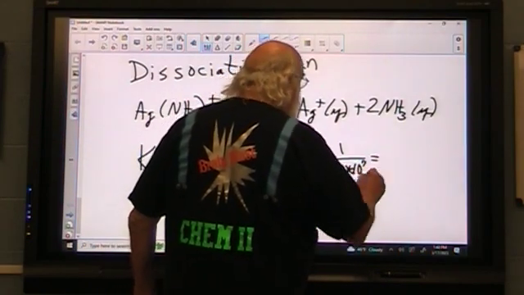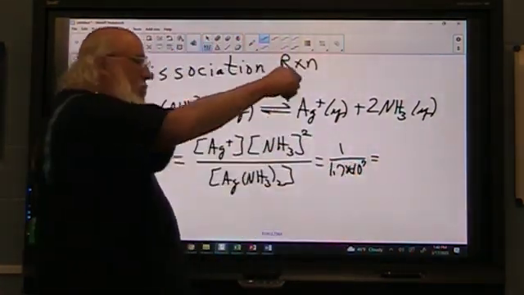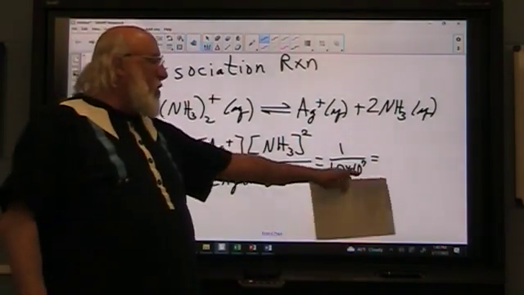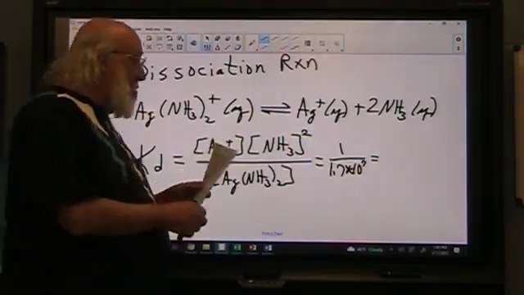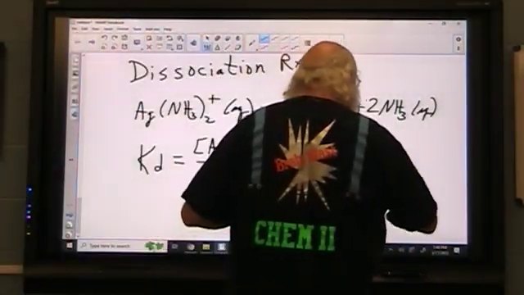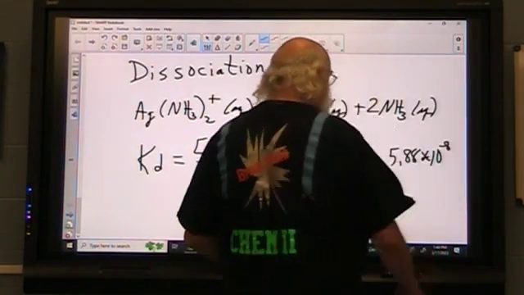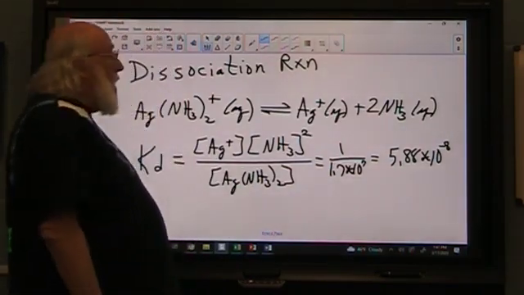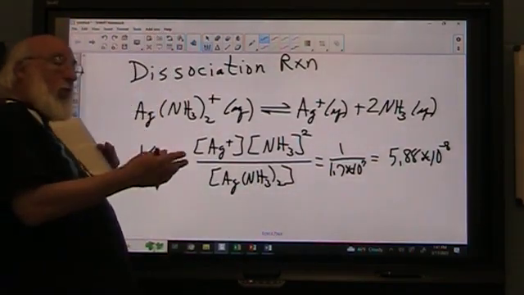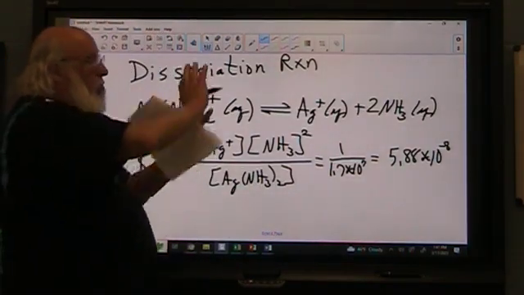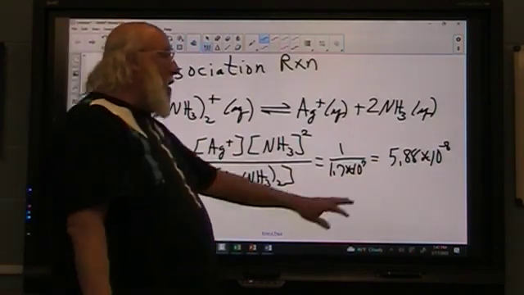Now, when you do these problems, that's going to give you the step to the final answer. I'm not going to want to look at this. I want to see the resulting value of this, which is 5.88 times 10 to the negative 8th. Which means, again, it's going mainly to the left, which is what we expect, because when it was reversed, it was going mainly to the right. So mathematically, this makes sense.